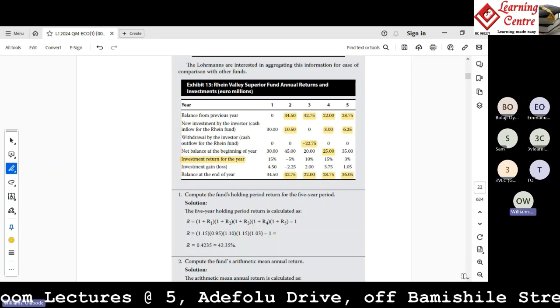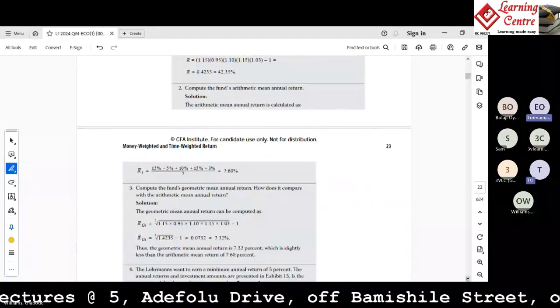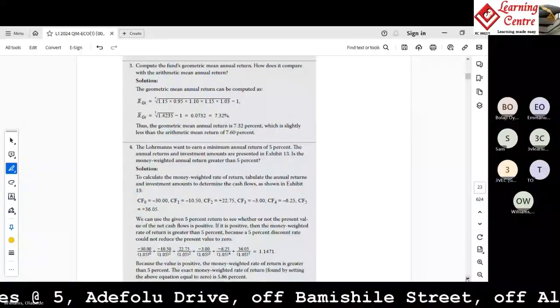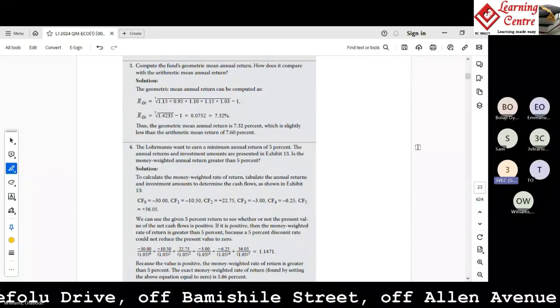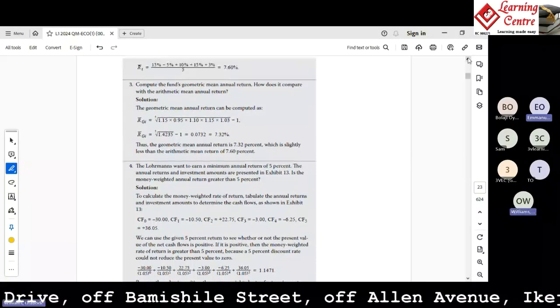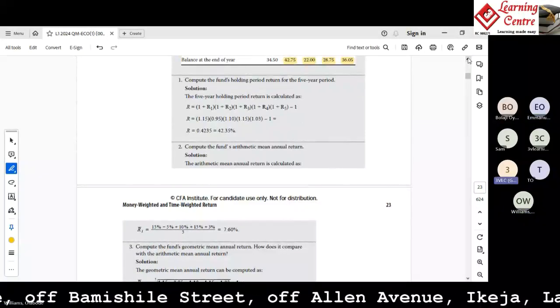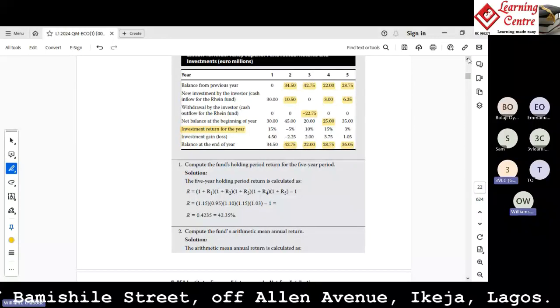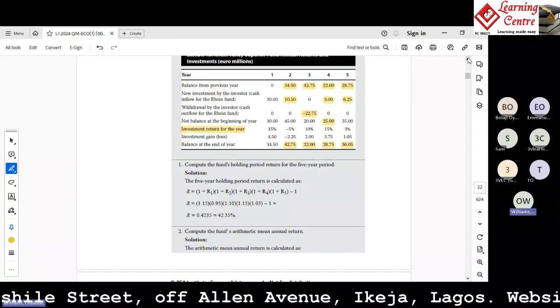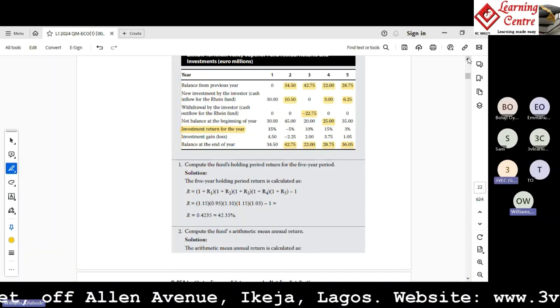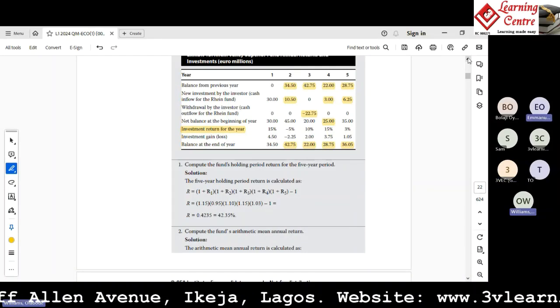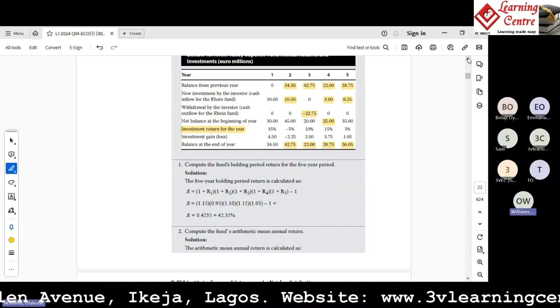Is it clear a bit? Sorry, I didn't get your last statement. The 36.05, CF5. Yes, CF5. Why is it 36.05? The reason for that is it is always assumed that you terminate the investment at the end of the period. So whatever period you're given, I'm withdrawing the total balance. Exactly.